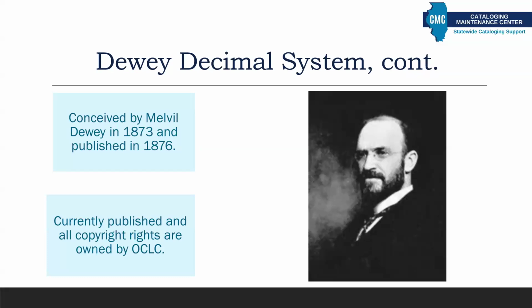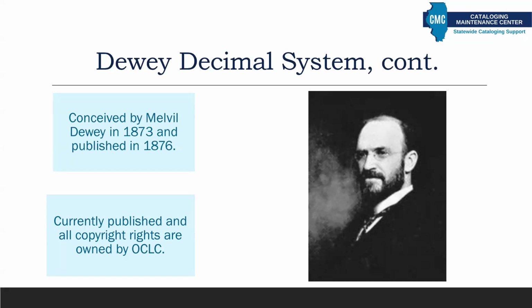The DDC is published by OCLC Online Computer Library Center, Inc. OCLC owns all copyright rights in the Dewey Decimal Classification and licenses the system for a variety of uses. The DDC is the most widely used classification system in the world.